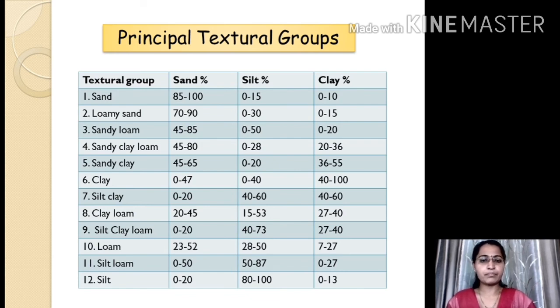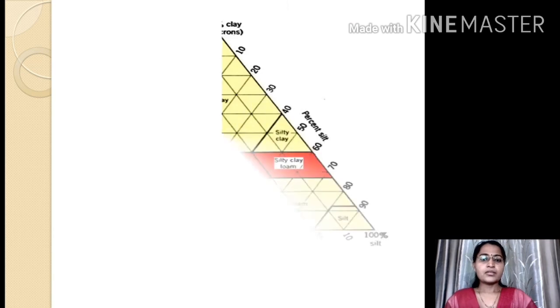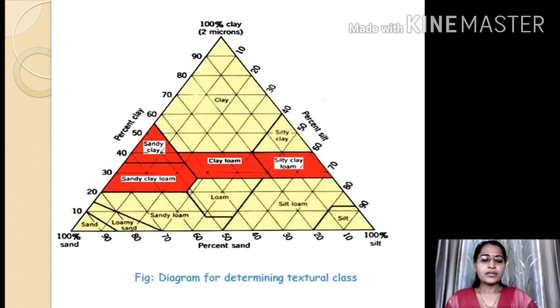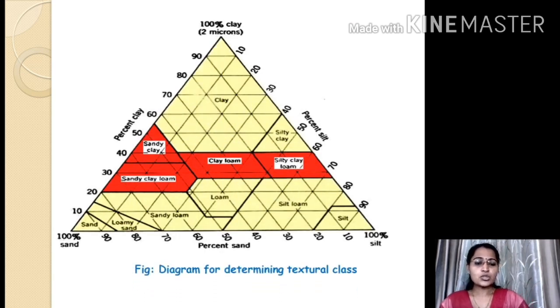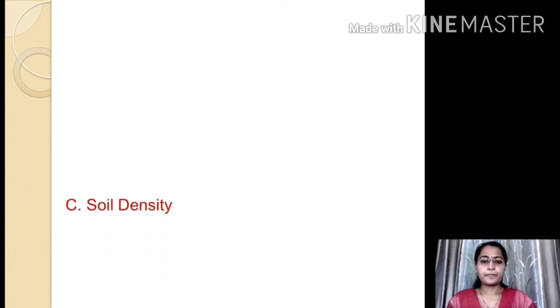Now see the second one. This diagram also gives an idea about the percentage of sand, silt and clay. Depending on these, we can also find out the textural class.